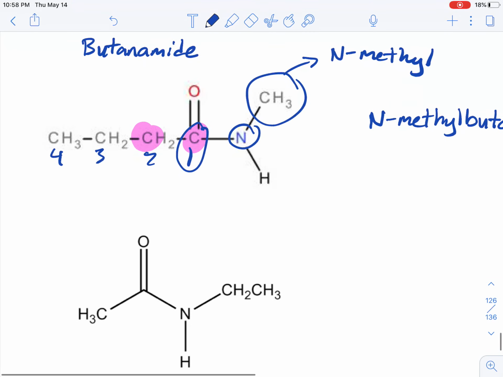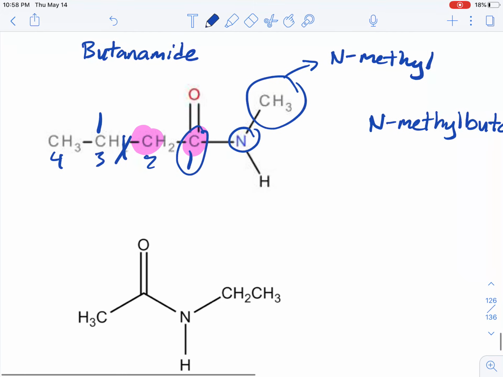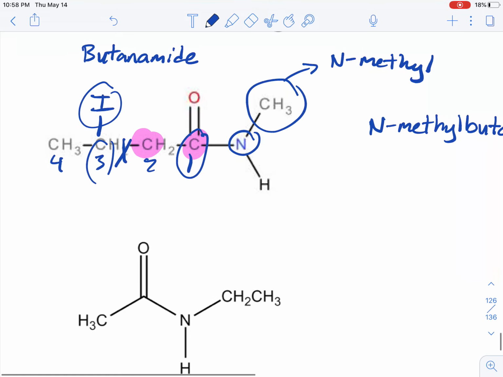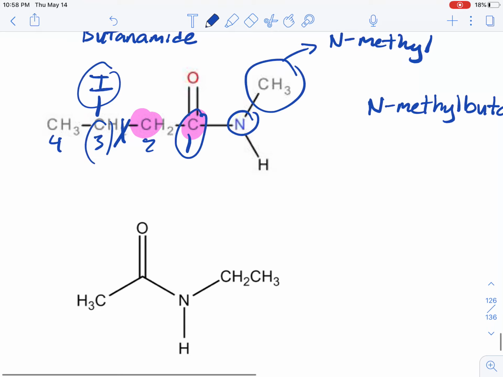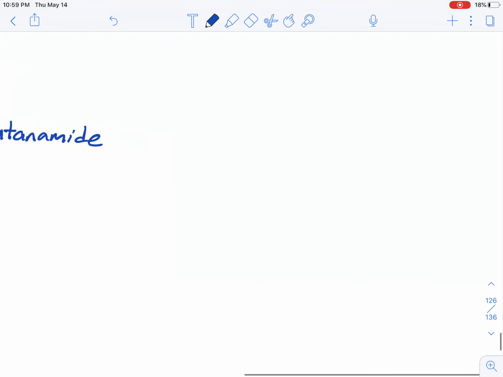And so what if we added, for example, we erased this 2 and we added, for instance, I don't know, this iodine. And so we would have to describe this iodide that's on the 3rd carbon of this parent chain. And so if we wanted to name this compound, let me just redraw it.